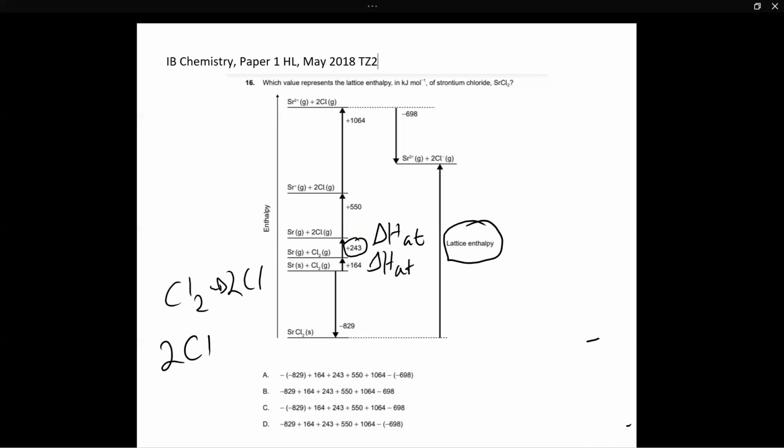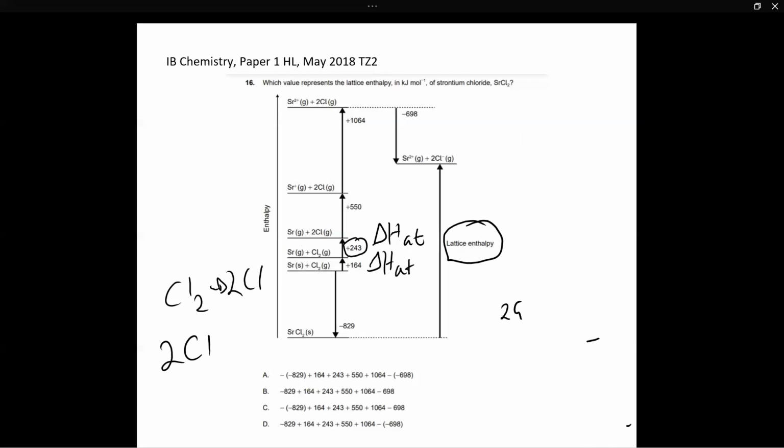However, in this case, we are forming 2 moles of chlorine atoms, which kind of goes against the definition, right? But actually, the enthalpy of atomization is still the same. It's still the same, whether it is 2Cl or whether it's 3Cl or 4Cl. Enthalpy of atomization is the same. We have just multiplied it by 2, because now we're forming 2 moles of chlorine.